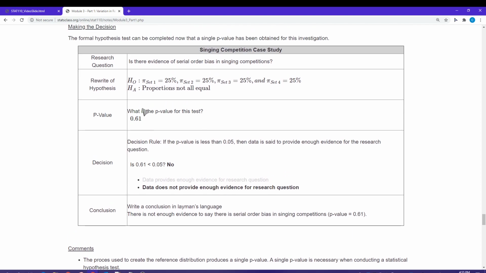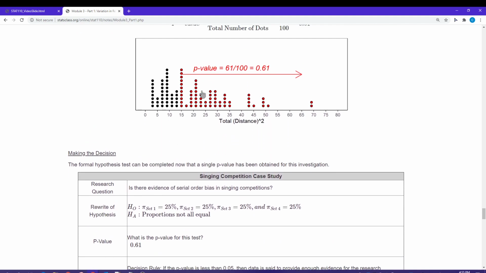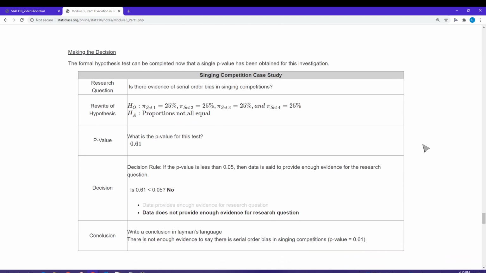Notice I have just a single p-value now coming from this reference distribution. If I have only one p-value or one reference distribution, then my family-wise error rate and my maximum error rate are going to stay at that 0.05 level.